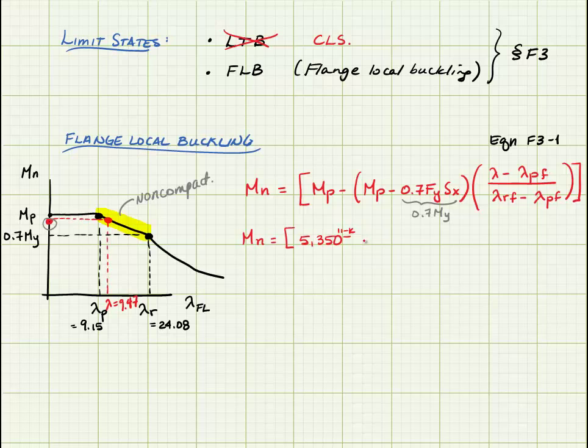So I have 5,350 inch kips minus 5,350 inch kips minus 0.7 times 50 ksi times an S sub x value of 93 inches cubed.